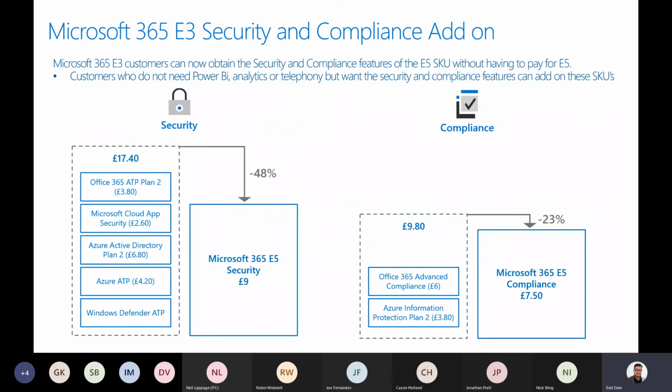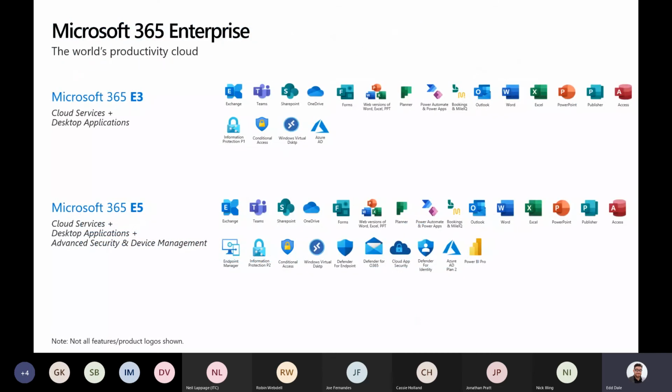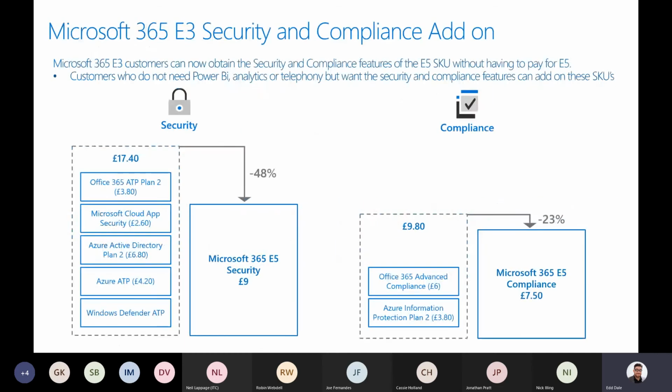security bolt-ons to their E3 plan. So for example, if you've got a customer on E3 who wants to have things like Defender for Identity, Defender for Office 365, Defender for Endpoint, that sort of stuff, they can buy these products separately, or they can buy a security bolt-on, which they can get for £9.